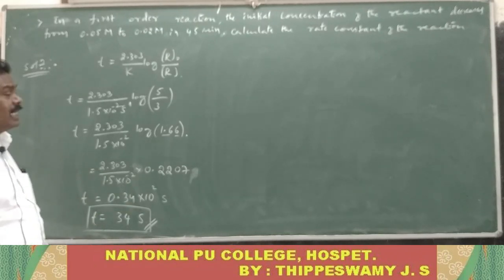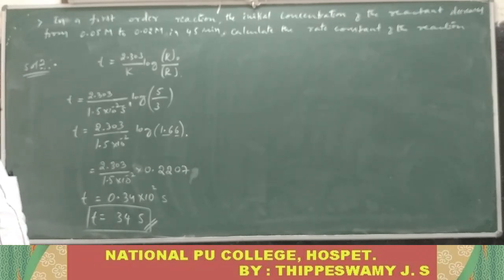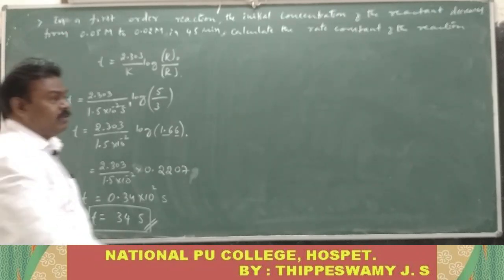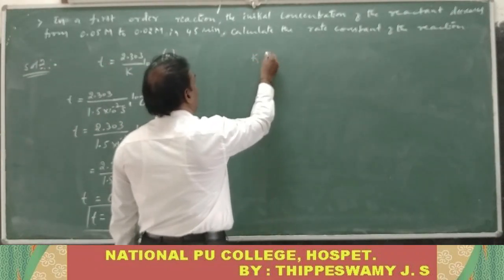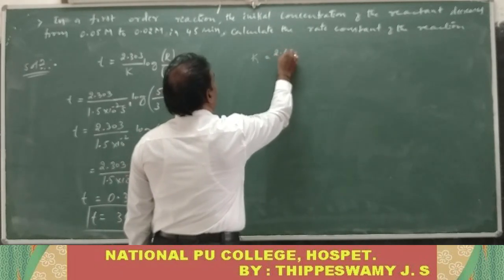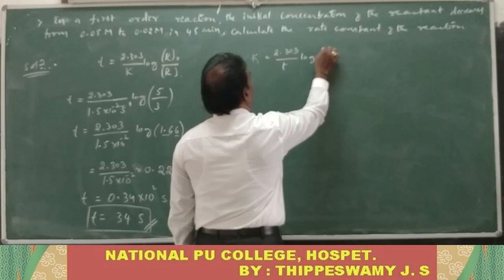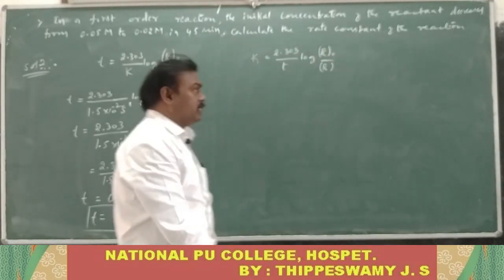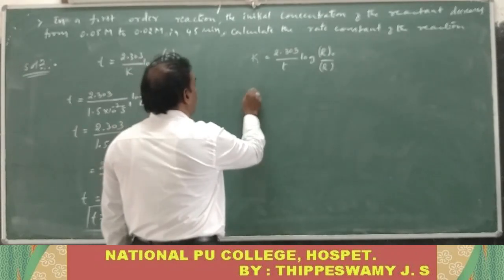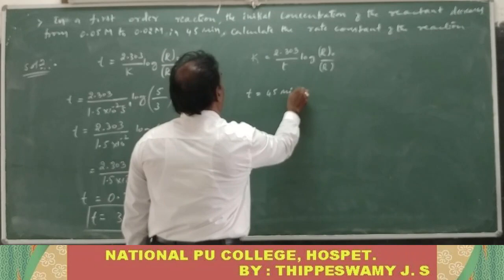By giving the initial concentration and the final concentration, the time is given, so I have to find only the value of K. Now can you write the formula according to the integrated rate law? K is equal to 2.303 divided by t into log of R naught divided by R. Can you tell me what is the value of t? Time given, that is 45 minutes only.